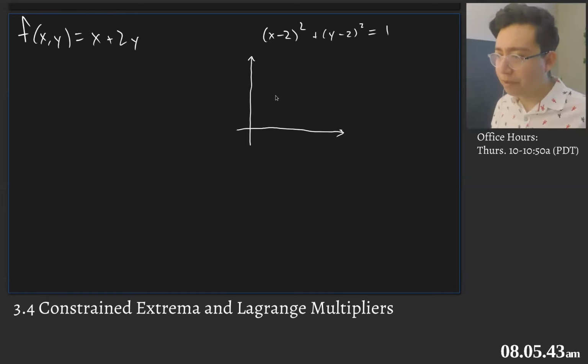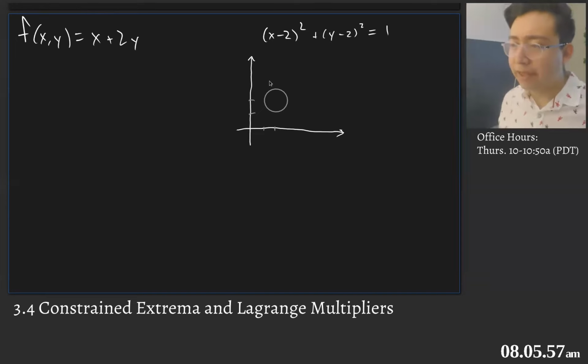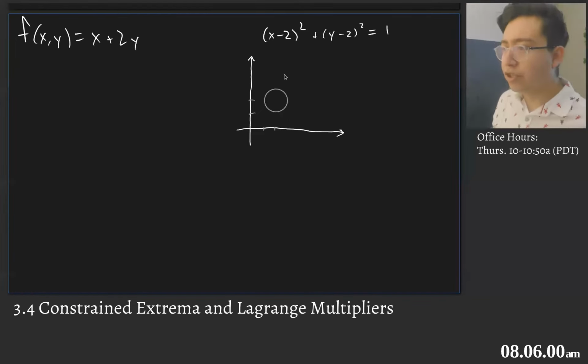Radius 1, so maybe I'll try to be a little more to scale. So something like this, right? 1, 2, something like this. This is something like the constraint that we're restricting this function to.